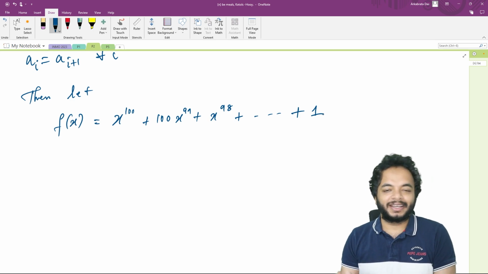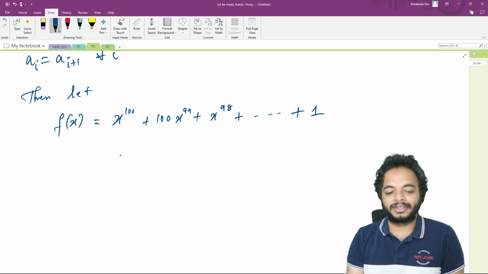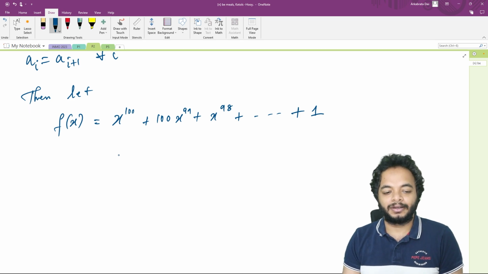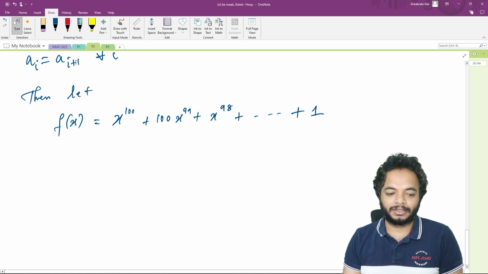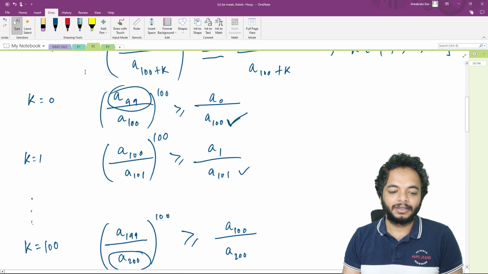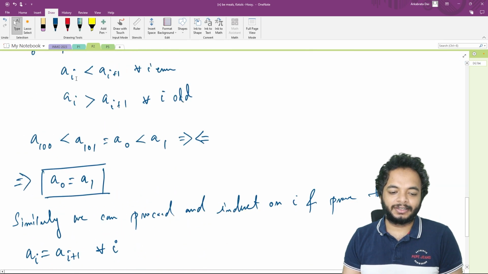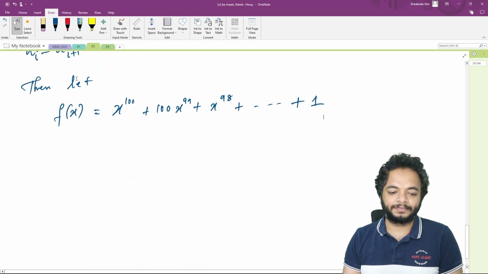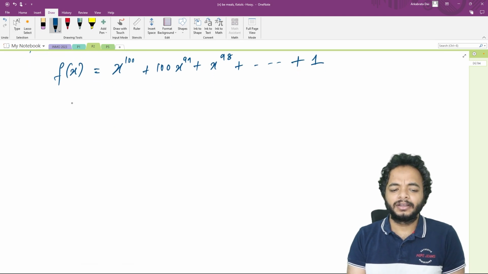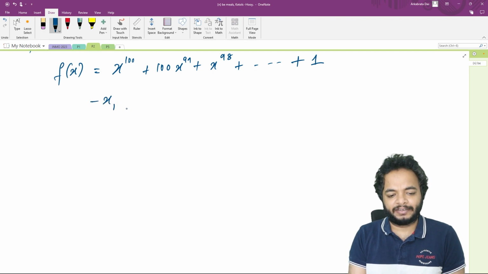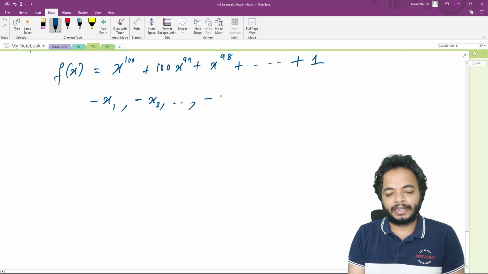So again, just how we started this problem, the same thing we will do here, that is the AM-GM inequality. Suppose the roots are negative x1, negative x2, and so on till negative x100.